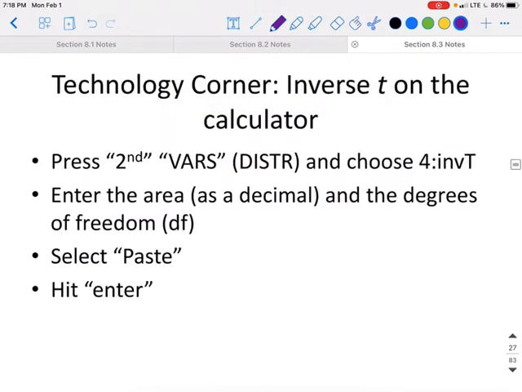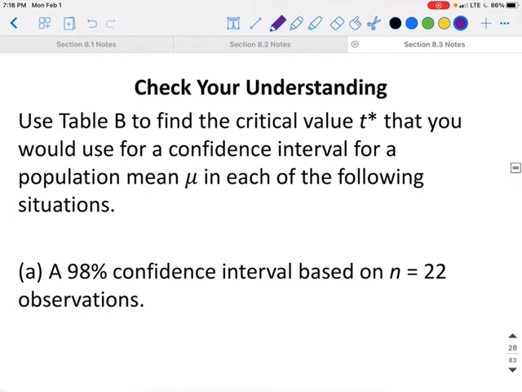Your calculator can do this for you as well. If you press second and then the vars button, which gives you distribution, and choose option 4, which is the inverse t, you can enter the area as a decimal and the degrees of freedom, and then select paste and hit enter, and it will do the calculation for you.